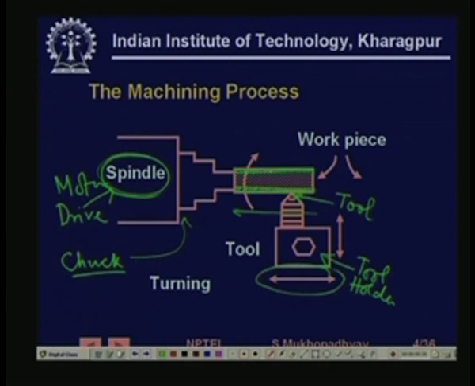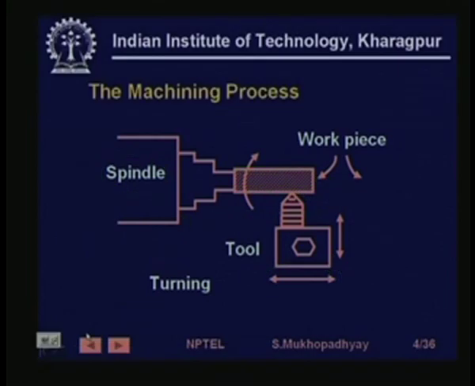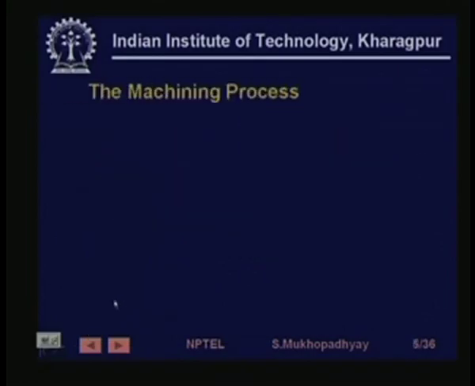So, after the tool moves one cycle, the diameter will get reduced to this, right. So, this is the way turning produces. Now, in this case note that it is the workpiece which is rotating, driven by the spindle, while it is the tool which is having rectilinear motion.